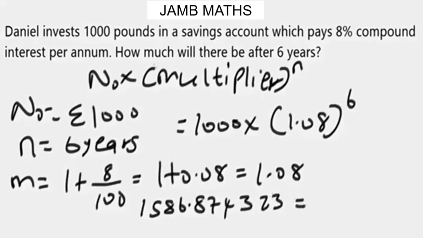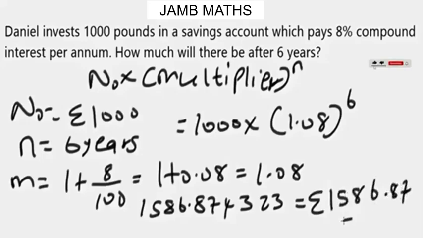So the amount Daniel will have after investing £1,000, which pays 8% compound interest per annum after 6 years, when you approximate it to 2 decimal places, will be £1,586.87. That will be the amount. Remember, in this question, we're not looking for compound interest, we're looking for how much Daniel will have after 6 years of investing, which pays 8% compound interest per annum.